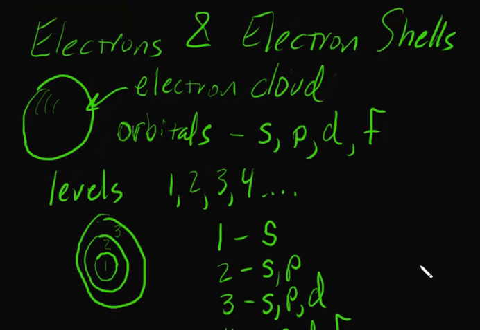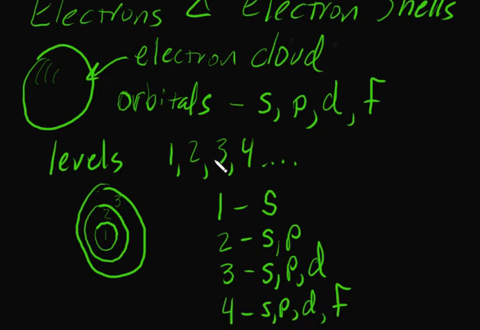So we have electrons in this electron shell, and the electron shell is broken up into levels, and each level has different shapes where electrons can reside. Now I'm just going to give you some information here that I'm not necessarily going to explain. Your book may go in a little more in depth, but you really don't need any more than this.